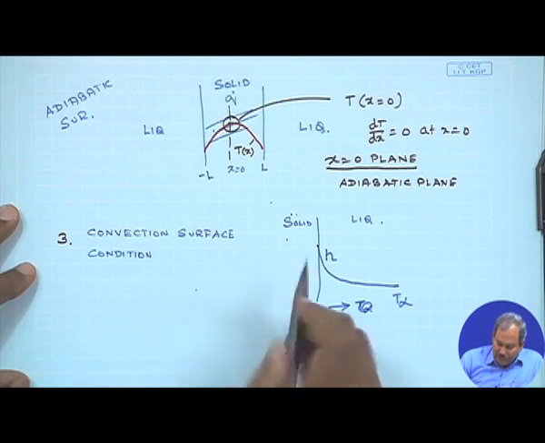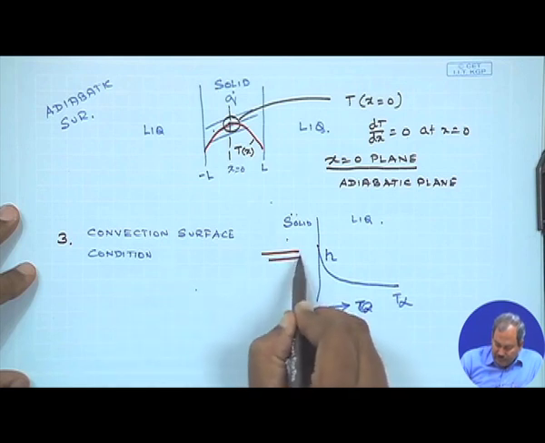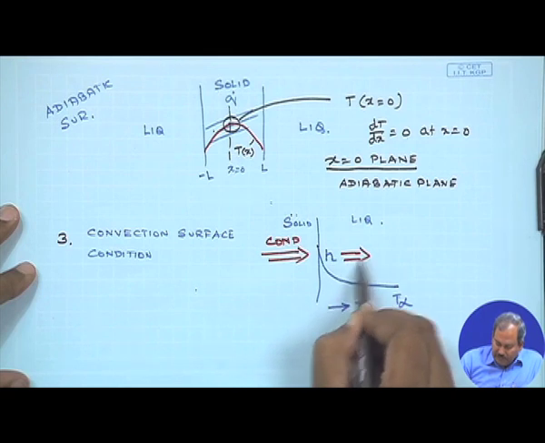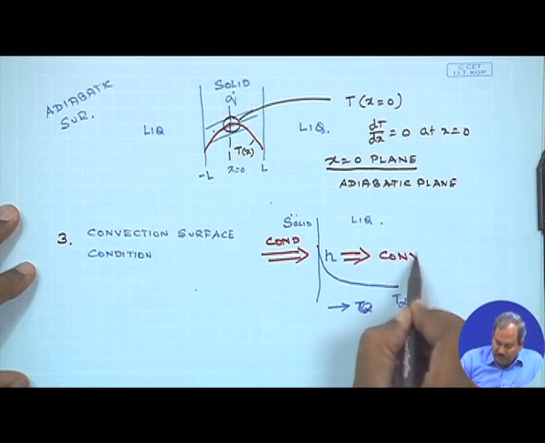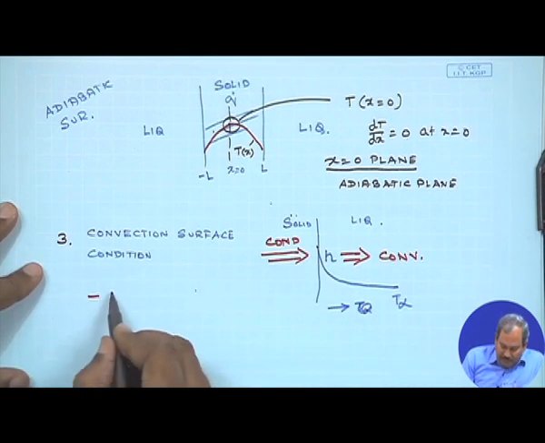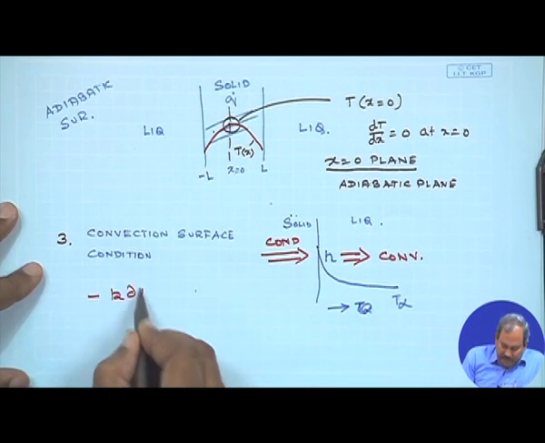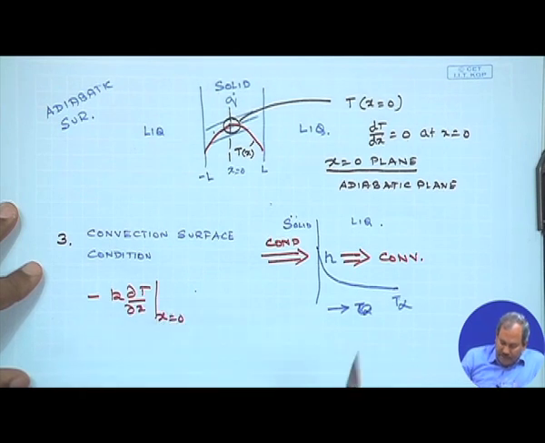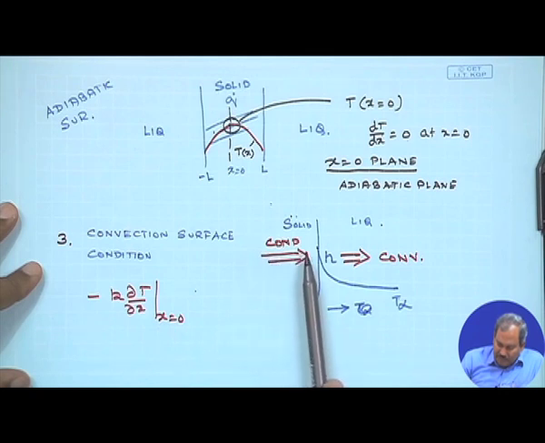So, heat will come from here to here by means of conduction, and from here to outside by means of convection. So, what happens at steady state is then minus k del T by del x at x equals 0.